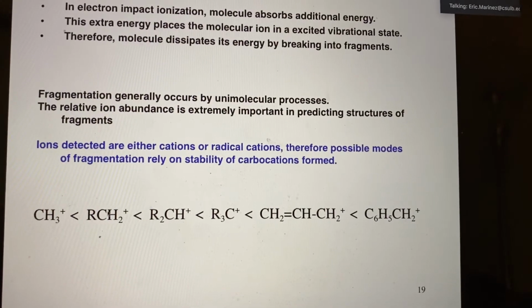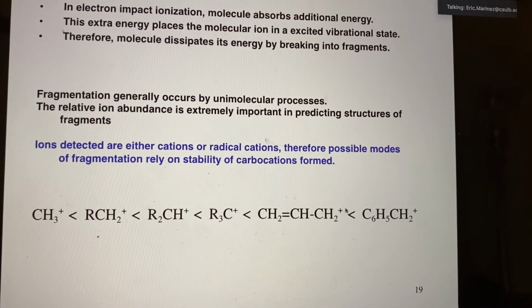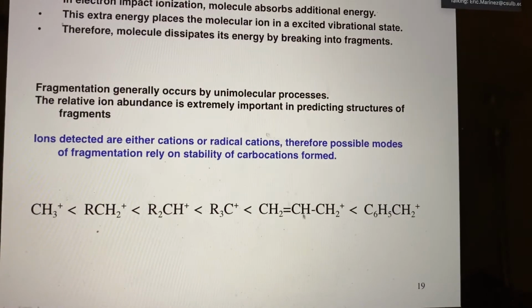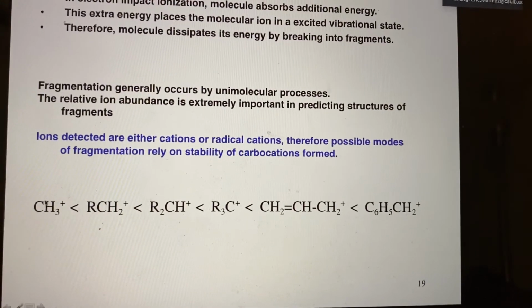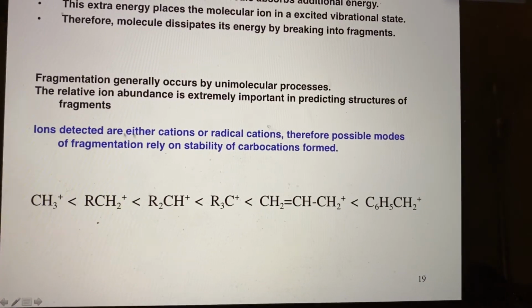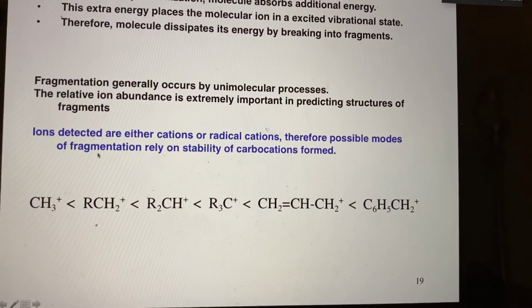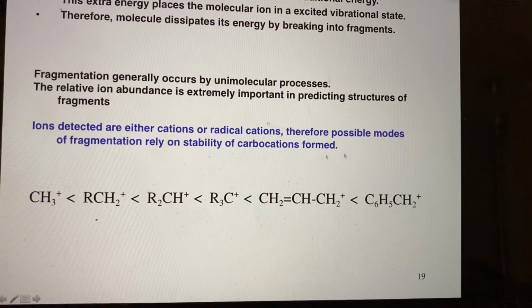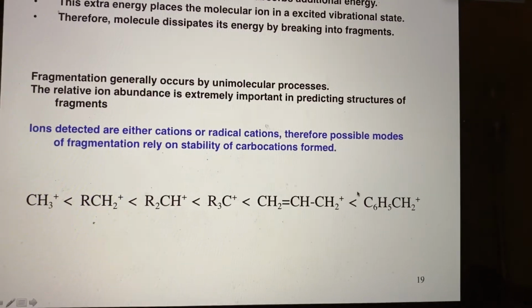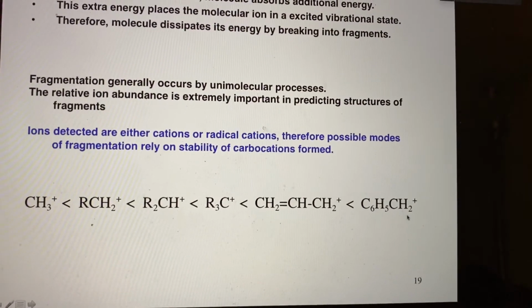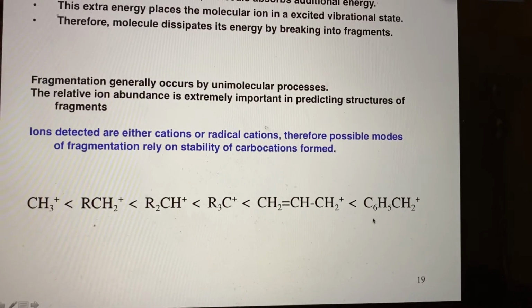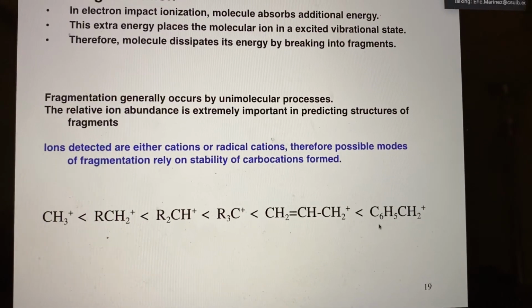So in general, any process that makes these types of carbocations is always going to be favored over these here. Ions detected are either cations or carbocations, so the fragmentation will rely on the stability of the carbocations formed. Carbocations that are more stable are going to form in the highest amount.